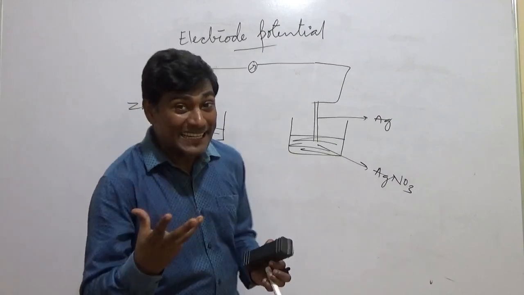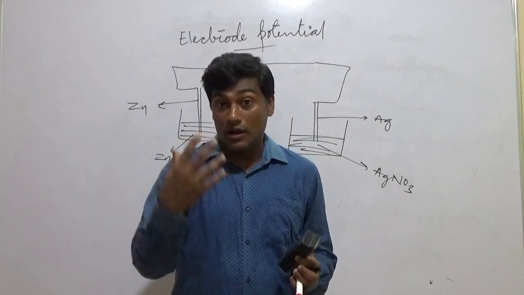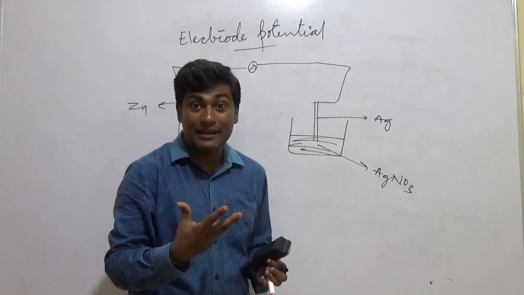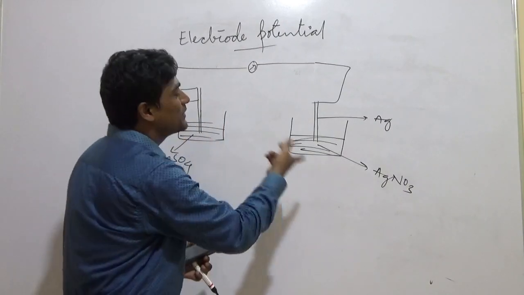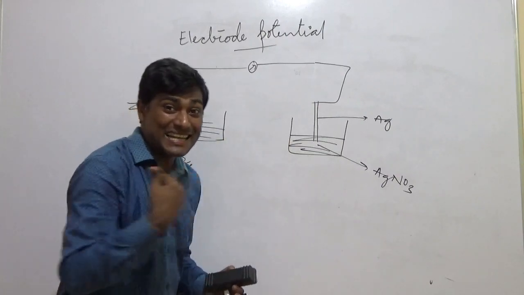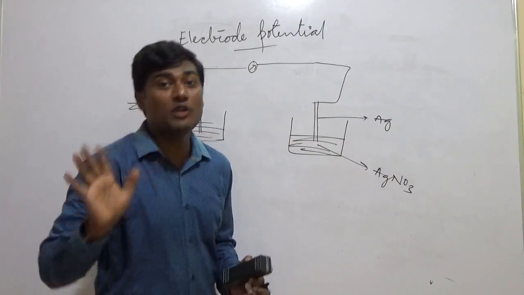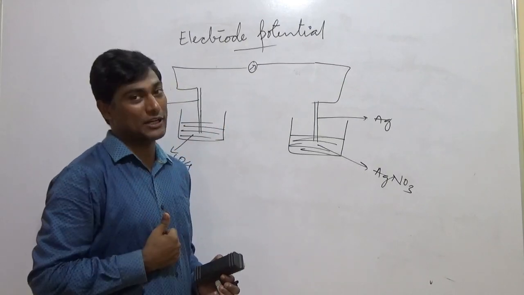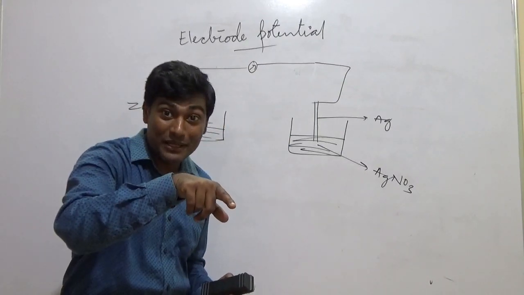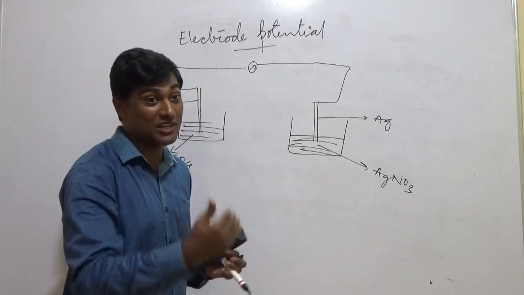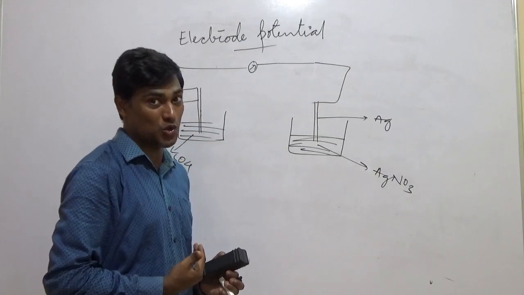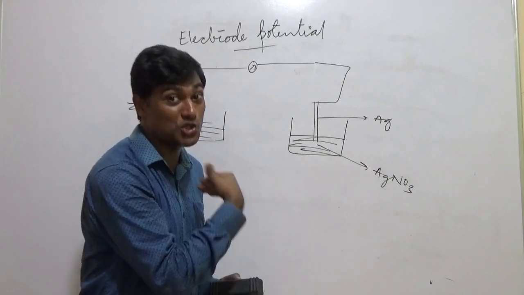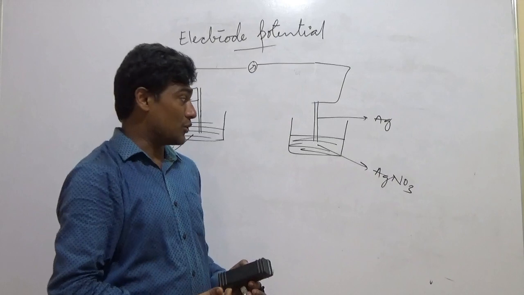So the quantity of charge, meaning the number of electrons that will flow through the wire, depends upon both of the half cells. It is a relative thing, so we cannot measure the electrode potential of a single electrode, nor can we measure the exact electrode potential of an electrode when it is joined to any other electrode.